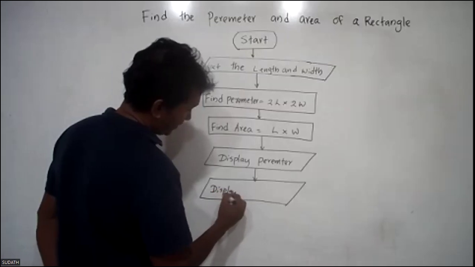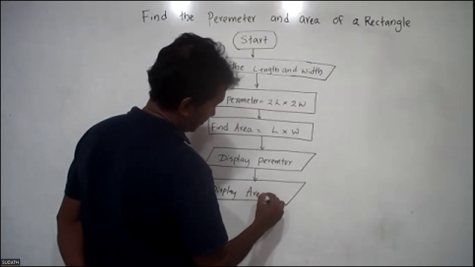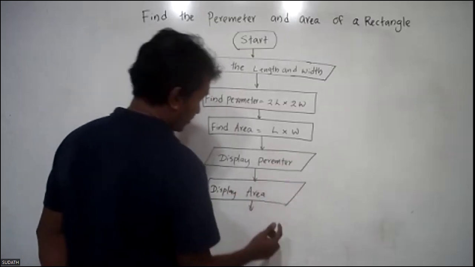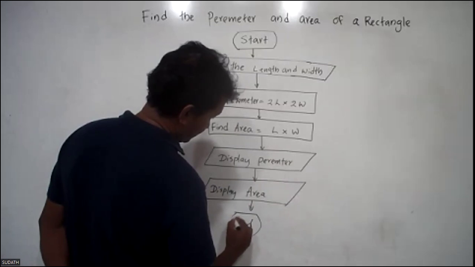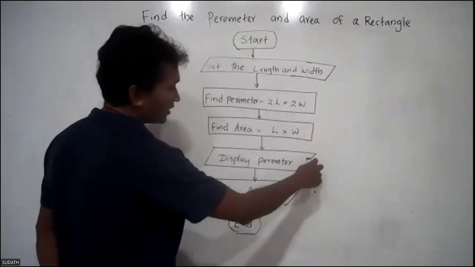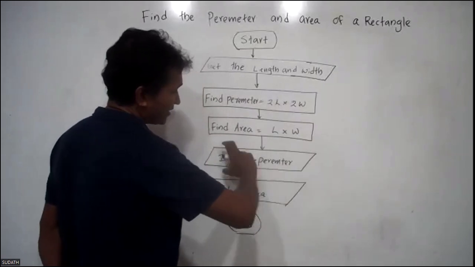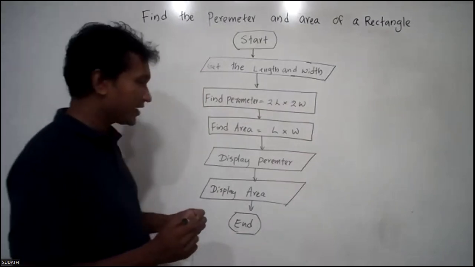Or we can do this in separate outputs. It is okay. You can join these two and in a single output say display perimeter and area. That is also correct.